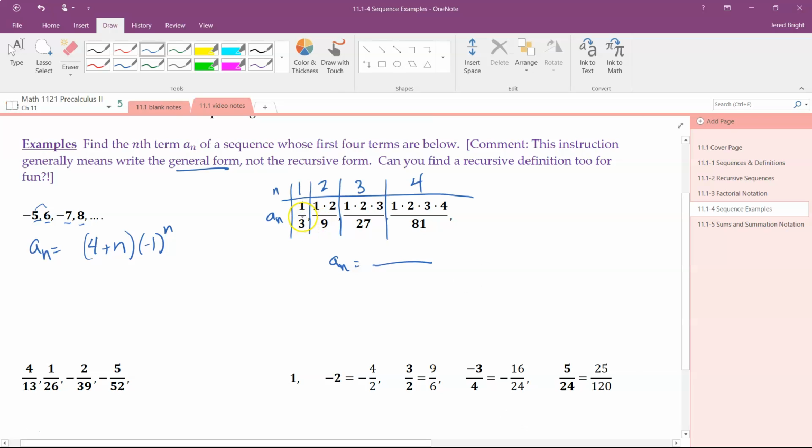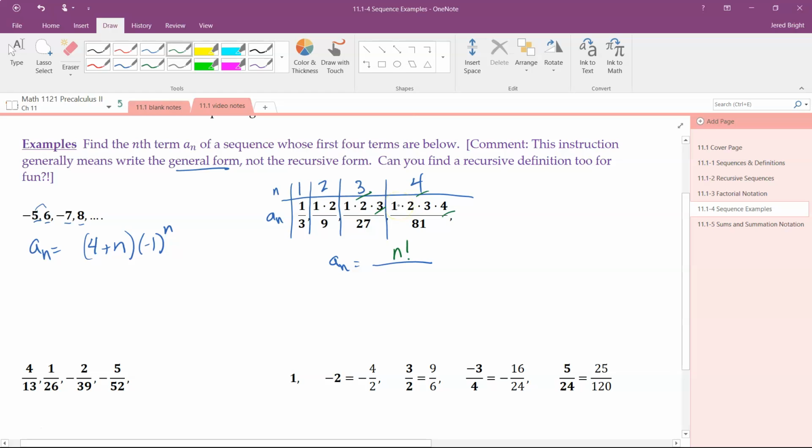What I notice is that the numerators seem to terminate with whatever the term number is, and there's multiplication going on between successive terms. That seems like an n factorial approach to me. 1 factorial is 1, 2 factorial is 2 times 1, 3 factorial is 3 times 2 times 1, which is 6, and 4 factorial is 4 times 3 times 2 times 1.